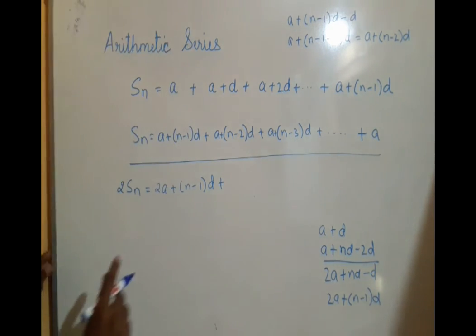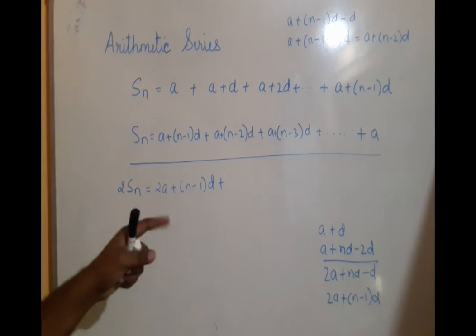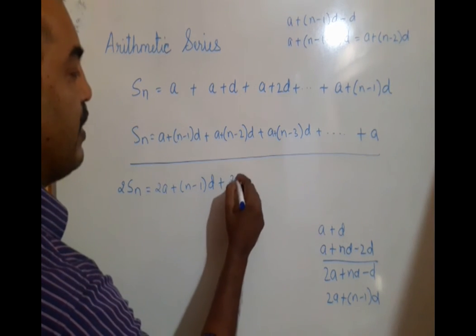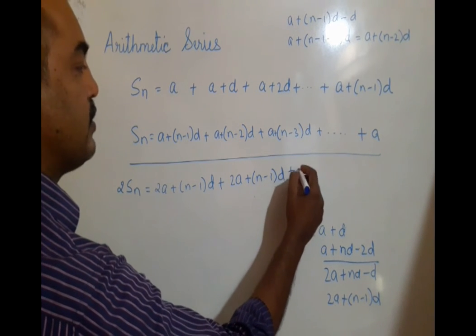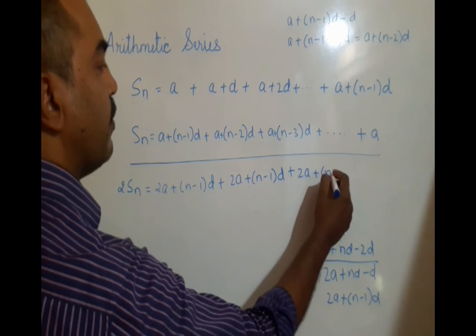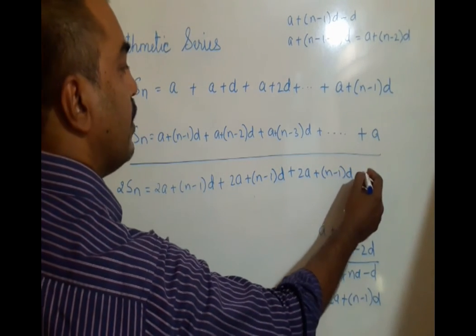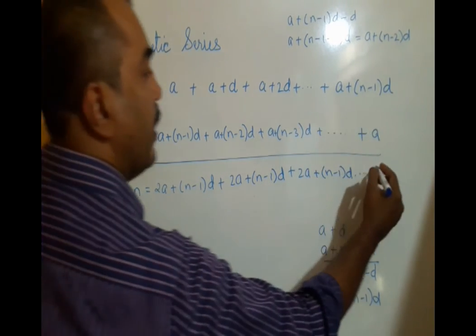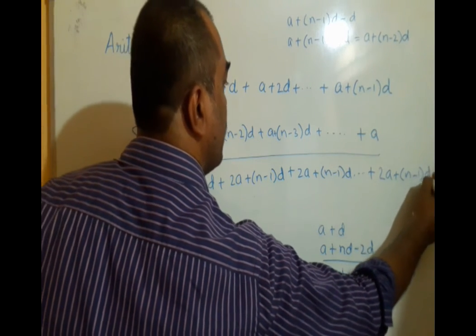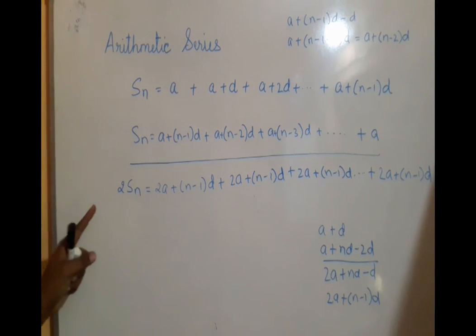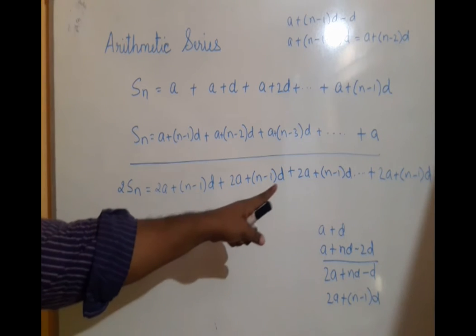Like in the previous sum, we had got the total 2a plus n minus 1d. So here also we are getting the same term, 2a plus n minus 1d plus 2a plus n minus 1d up to the n term. Now, how many times did you get this 2a plus n minus 1d?